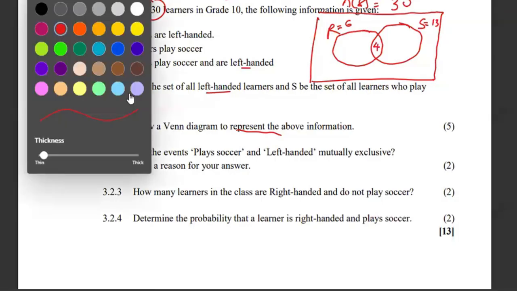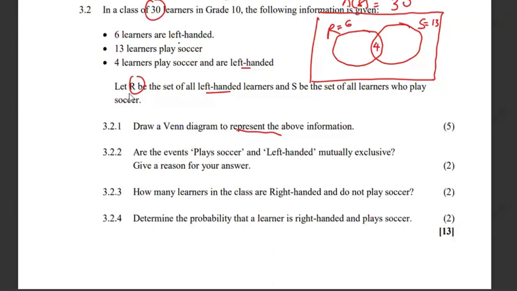Then we can fill in the missing information: we're going to have a 2 here, so that this circle must total to 6. Now, if this circle totals to 13 and we already have a 4, meaning that there's a 9 here, then when we add whatever is inside the circles, 2 plus 4 plus 9 gives me 15, meaning that there is a 15 that is left to give us 30. So that is your Venn diagram.